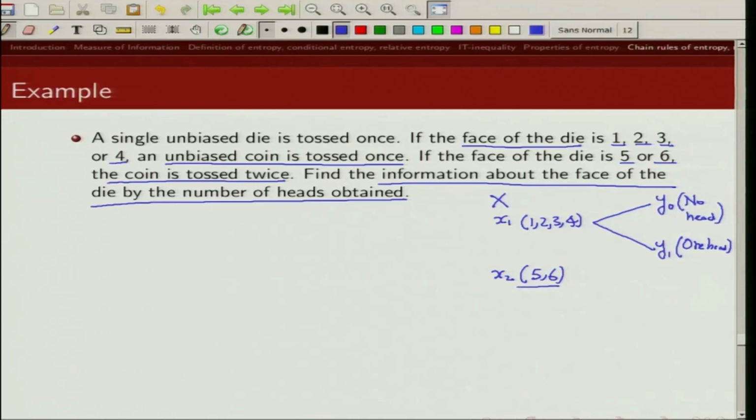Now what am I doing when I am getting 5 or 6? I am tossing the coin twice. So what are the possible outcomes as far as heads are concerned? I can get no head, in none of those two tries I got a head, or I can get one head, or I can get two heads.